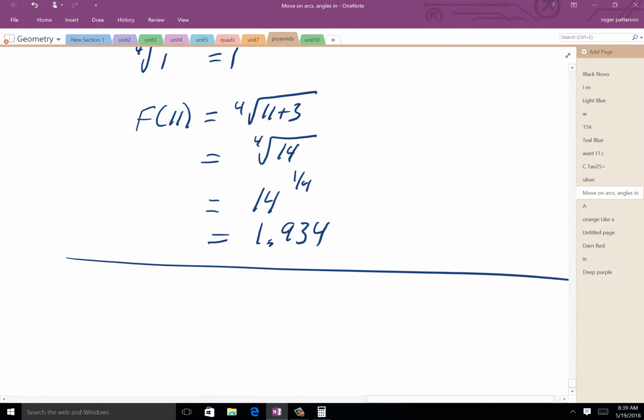So there's some problems like that where you're just substituting the things in and working on them. Then they have some of the same thing, more evaluate.